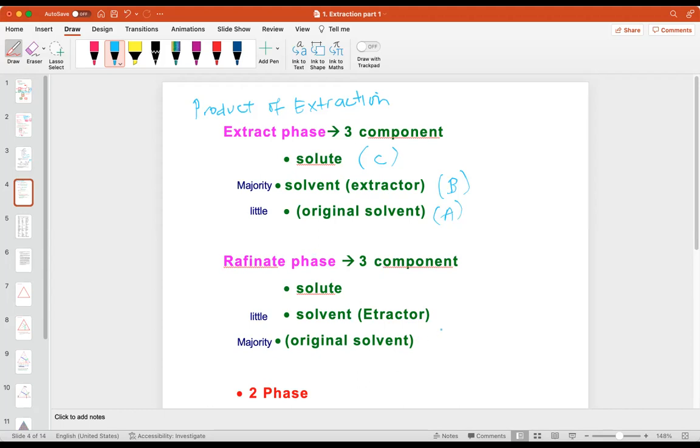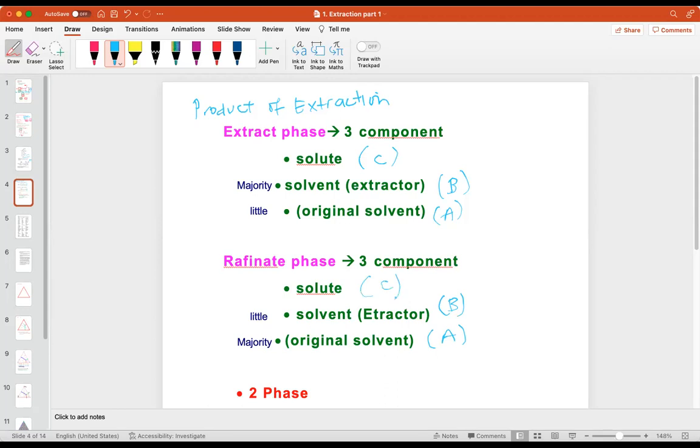Here, for example, in my water and tea, which is contacted with the organic solvent, at the end of the contact my water would have a small amount of solute there. So this is the original solvent, or A, and the extraction solvent itself is just a very small amount maybe, and then also the solute.